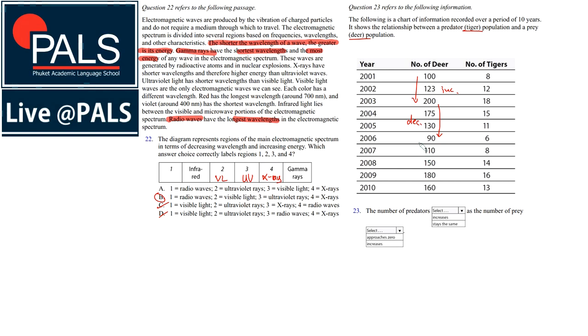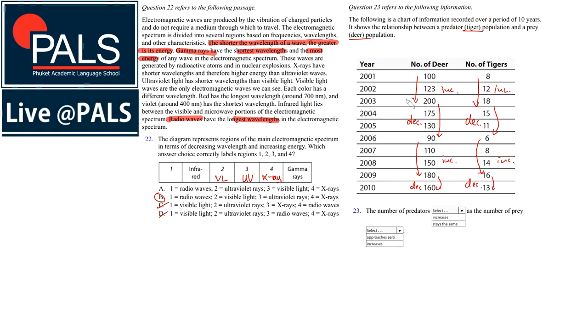Then from here to here, they increase again, and then they start to decrease again. For our tigers, we see an increase in this period, then a decrease, then an increase, and a decrease.